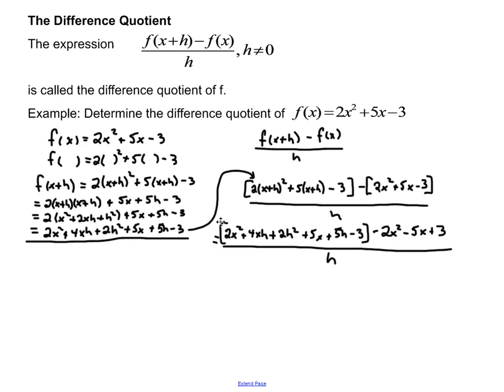Well, these parentheses that come in front or around our first quantity can just simply be dropped. We've got a plus symbol in front of them. Well, actually, we have no symbol in front of them, so we treat that as a positive.